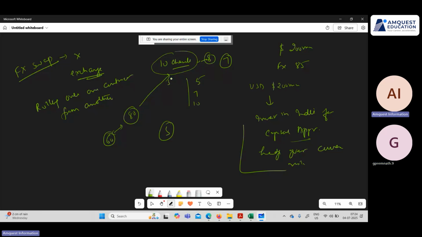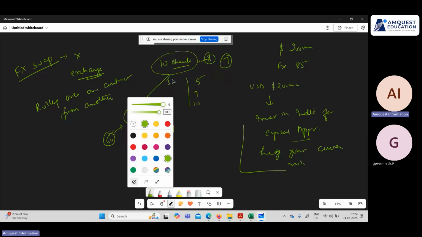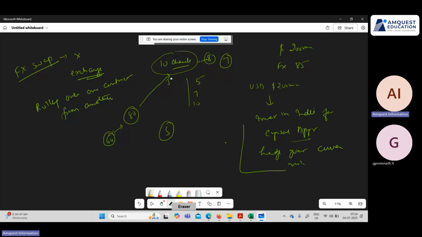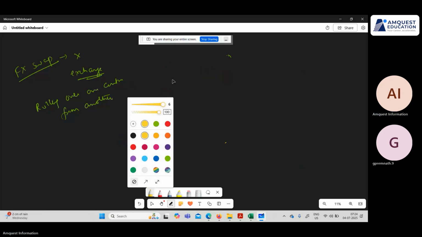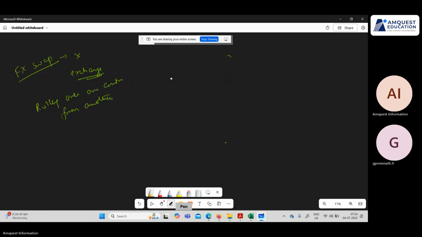So we talked about FX swap, and I did mention towards the end that you are rolling over from one contract to another. One thing that I still want to reiterate: let's say there's a 30 days contract where you will have to buy 1 million euro.